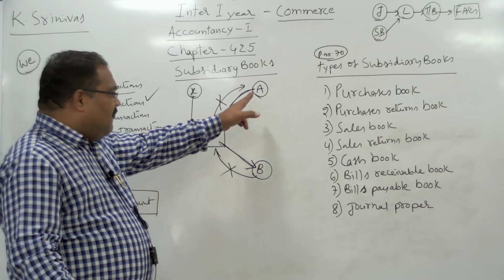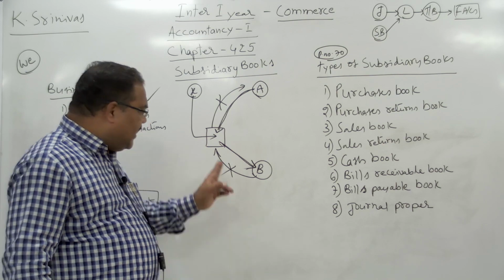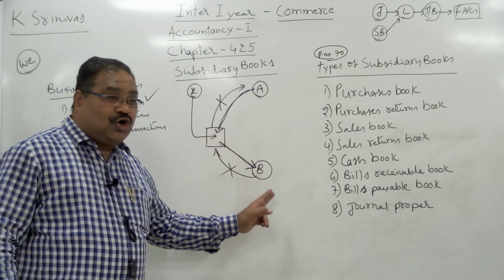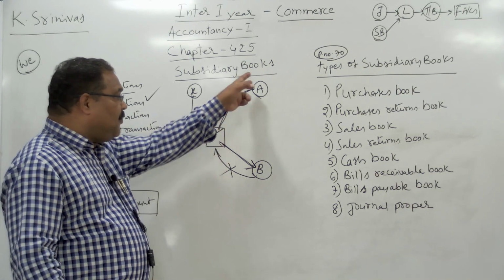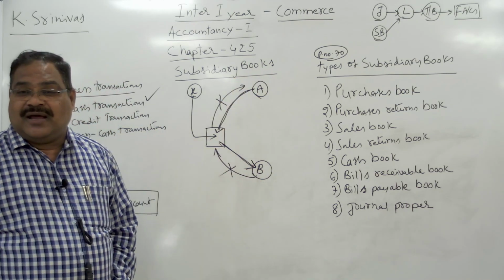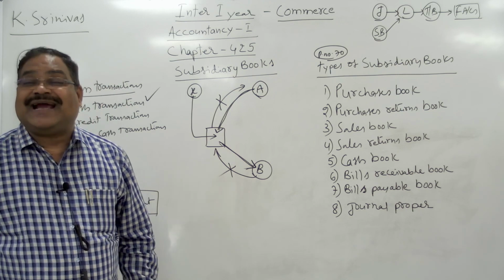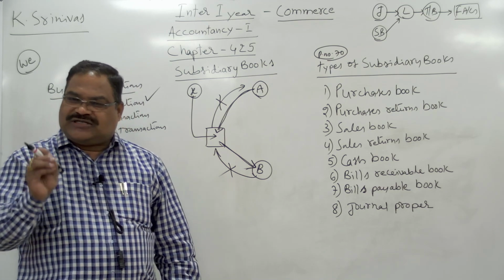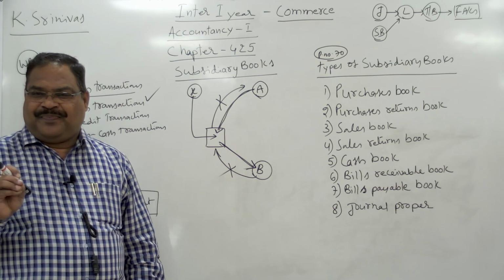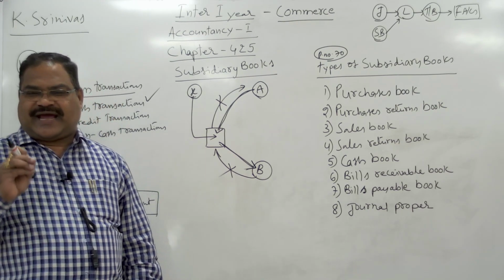So we have taken goods but not paid cash. Here also we have handed over goods but not taken cash. Here we have not paid, here we have not taken. So these transactions are called credit transactions. We should be able to understand the given transaction, whether it is cash or credit.